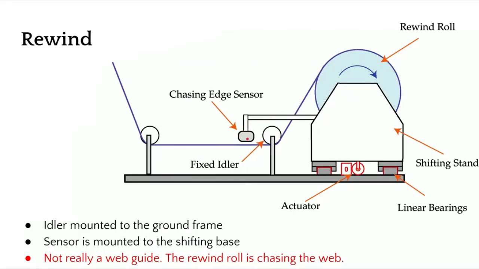It gives us indirectly the position of the rewind stand, and the objective is to make sure that we move the rewind stand so that the middle of the sensor or the guide point of the sensor matches the location of the web. Like I mentioned, it's not really guiding the web, we are chasing the web so that the rewind roll would be at the right location to get the web wound properly.